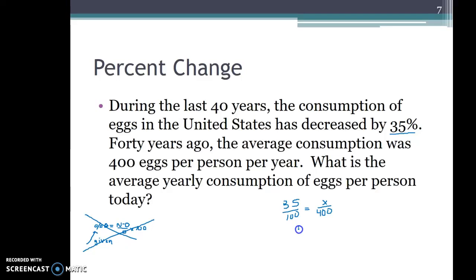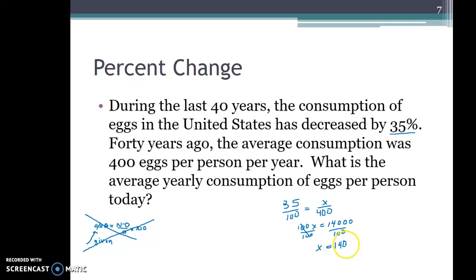So using my cross product, I have 100x is equal to 35 times 400, which is 14000. Divide by 100 on both sides, and we find that x is equal to 140.